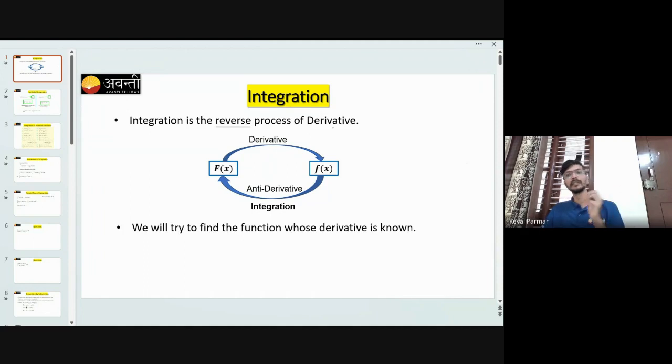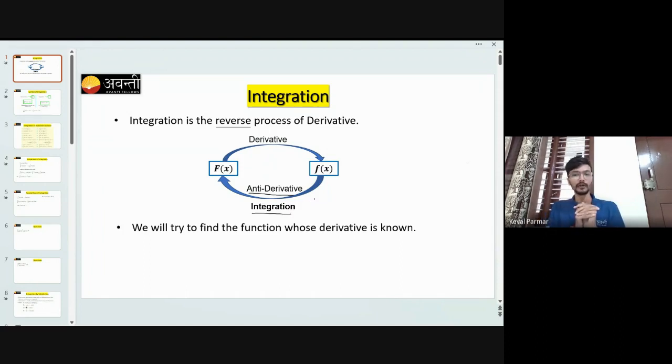Suppose I have a function F of x, and by taking the derivative, I get small f of x. Then there is a process, the antiderivative, by which we get back the original function, capital F of x. That process is called antiderivative, or as we know it, integration.